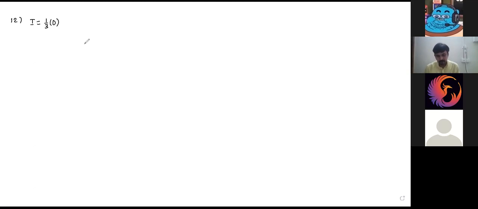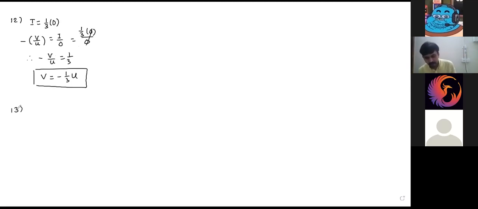The image from a convex mirror is always virtual. We write minus V upon U is I upon O. I is one-third of O upon O. You cancel O. This is minus V upon U is 1 by 3. V is equal to minus 1 by 3 of U. So that is the result.